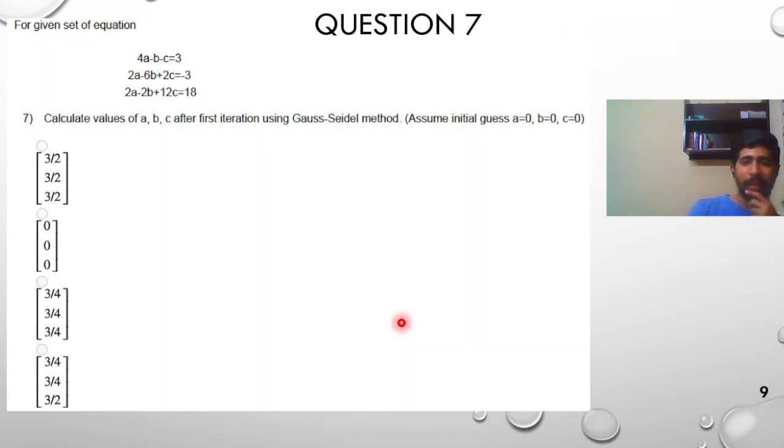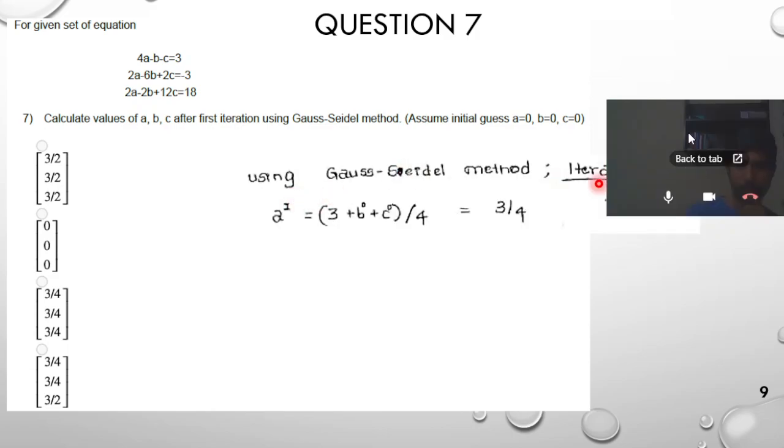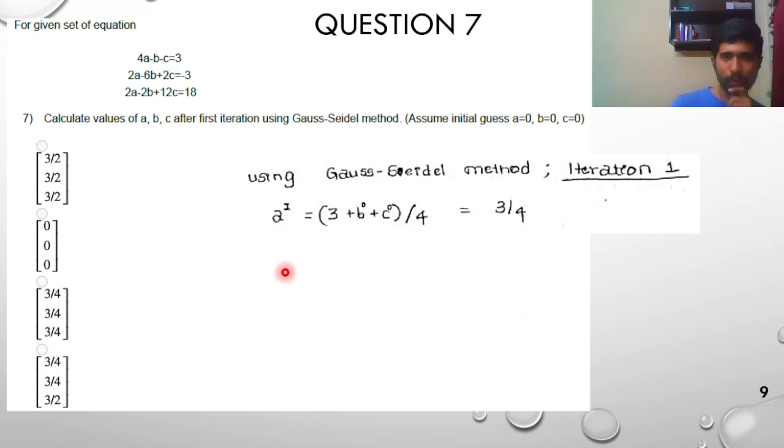Coming to this question. Using the initial values of a, b, and c as 0, let us try to see how we can calculate the values for the next iteration. In the first iteration, what we can directly do is take 3 plus b plus c divided by 4.